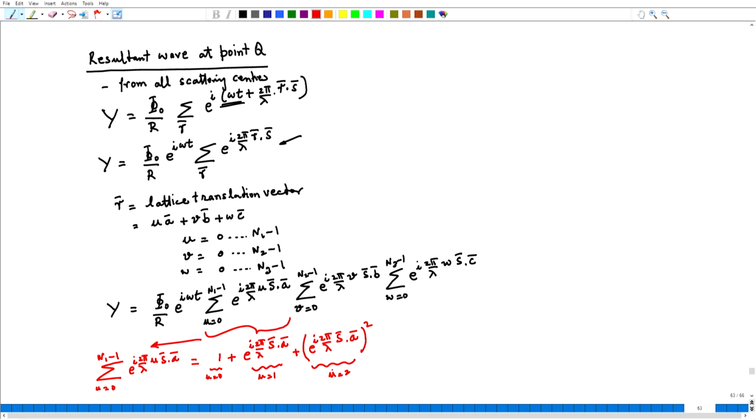The next term would be again inside the bracket the same term, e to power i 2 pi upon lambda s dot a cubed, and so on, till we come to the last term, which would be e to power i 2 pi upon lambda s dot a to power n1 minus 1.